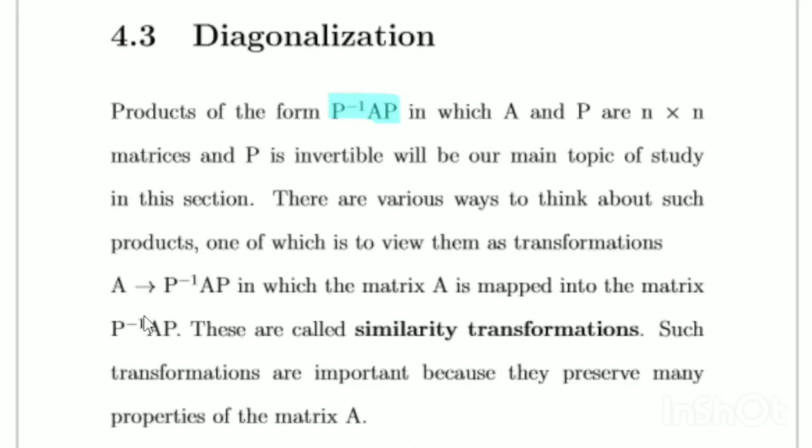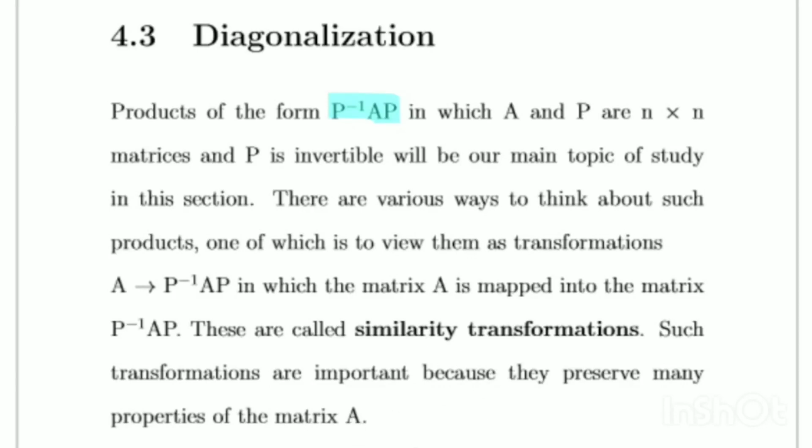A transformation from A to P inverse AP, in which the matrix A is mapped into the matrix P inverse AP, is called a similarity transformation. It is very important because it preserves some properties of the matrix A.